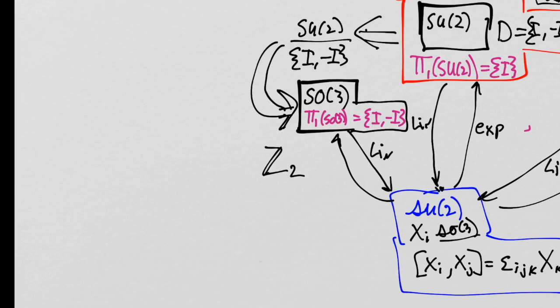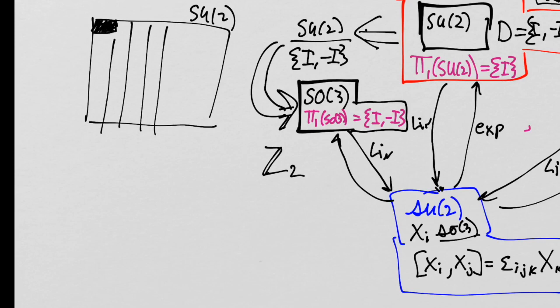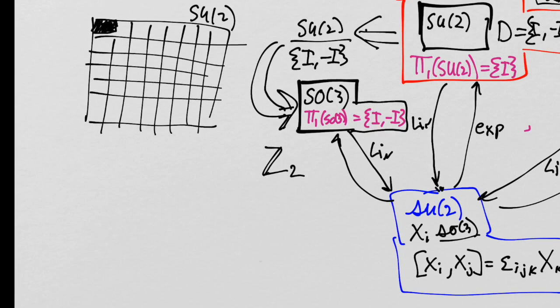Say this is SU2 here, right? I'm basically taking the coset I, minus I, which I'll indicate by this little subset there. That is the subgroup I, minus I. And then this is going to partition the entire group up into cosets.